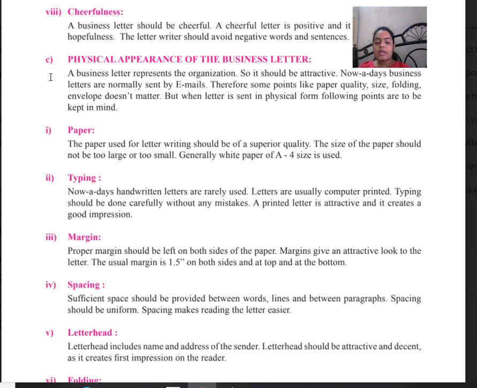Typing should be done carefully without any mistakes. A printed letter is attractive and it creates a good impression. So while writing a letter, we should see that the paper being used is of a superior quality and of A4 size, and the font is not very huge or very small. Then typing. A handwritten letter is rarely used, but we should see that it is computer printed and typed in a proper and attractive way.